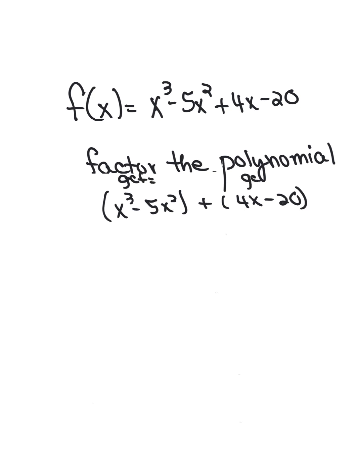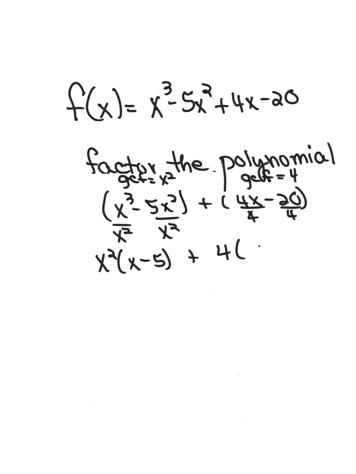Okay, the GCF of the first parentheses is going to be x to the second power. The GCF of the second parentheses is 4. So what we're going to do is divide that first parentheses by the GCF, and that's going to give me x squared times x minus 5, plus we're going to divide the second parentheses by the GCF, and that's going to give me 4 times x minus 5.